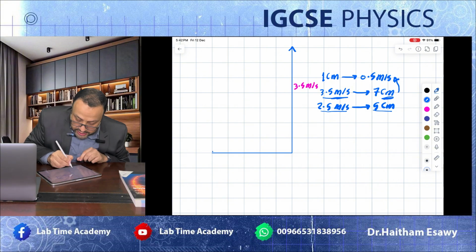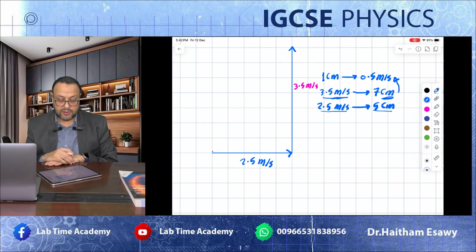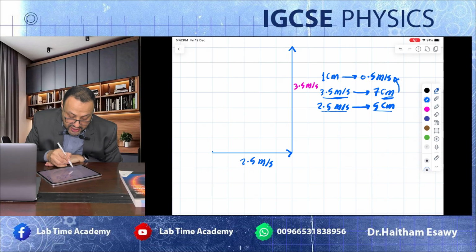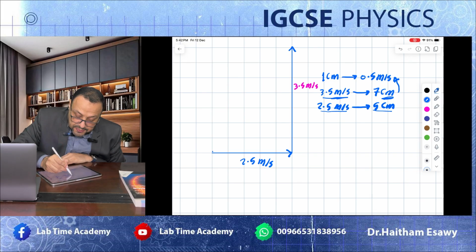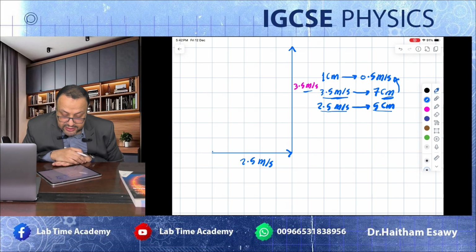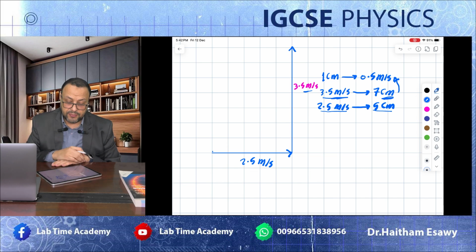Here we have 5 centimeter, which represents 2.5 meter per second. So 2.5 meter per second, as I said, represents the speed of the water, of the current water. And 3.5 meter per second represents the direction or the speed for the boat.